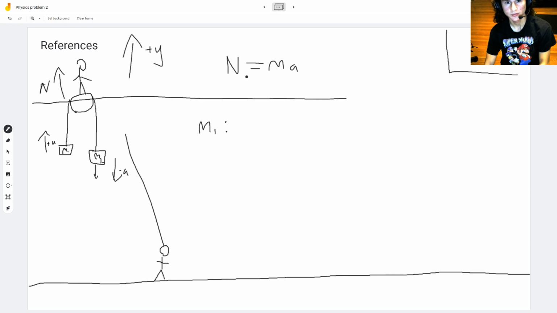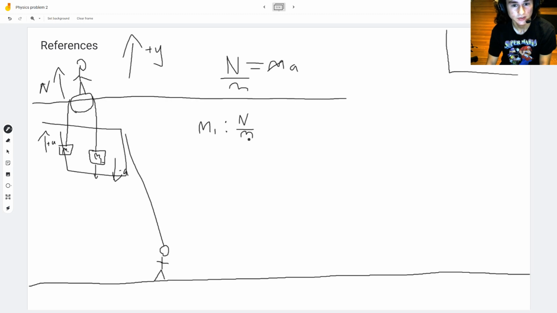So I'll say acceleration is n over m by dividing both sides by m. So we get a value of acceleration, which is n over m, m being the mass of the entire system. So I can put m1 plus m2 there if we really want to get specific.